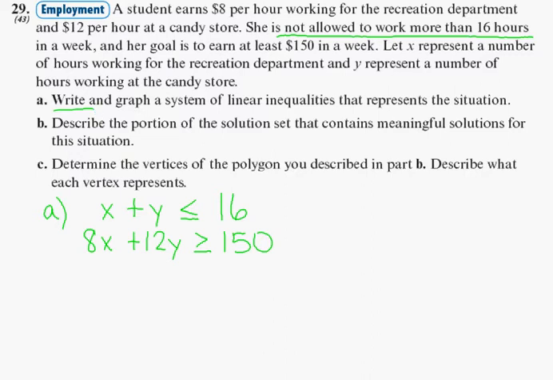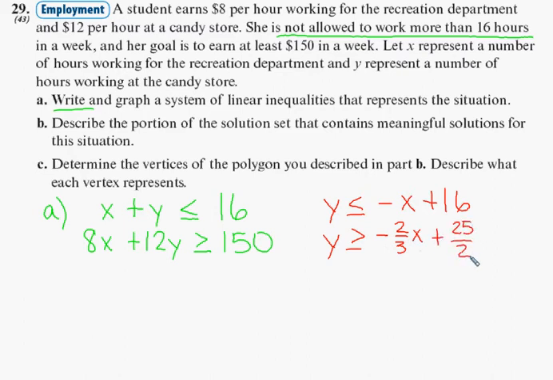So the next step in graphing is going to be getting both of these into slope-intercept form. So rewriting this will give us y is less than or equal to negative x plus 16. And if you do the math, I think I did all of this right, you should end up with y is greater than or equal to negative 2/3 x plus 25/2.